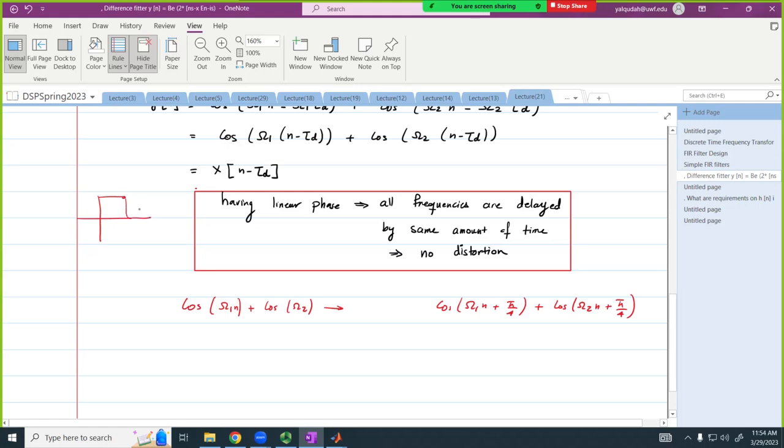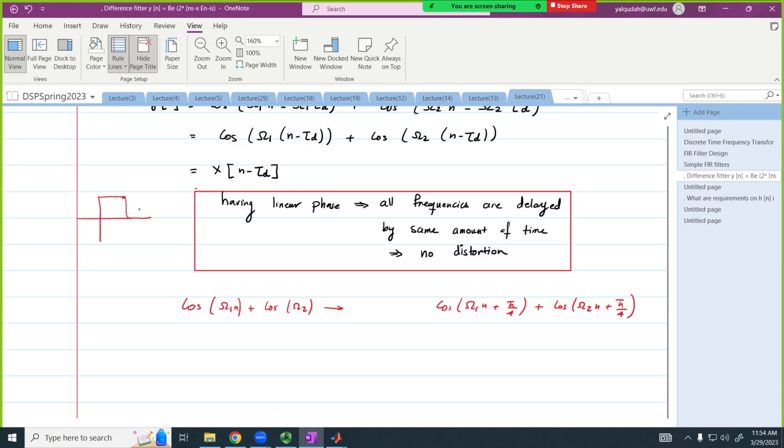If during the pass band of the filter the phase is linear, then the signal is going to go through without distortion. However, if the phase is not linear, then even though this filter is going to filter the signal and remove these frequencies, it is also going to distort the signal going through it. How much distortion that is going to cause will depend on how the phase looks, how far it is from being linear. Does that make sense? Everybody?